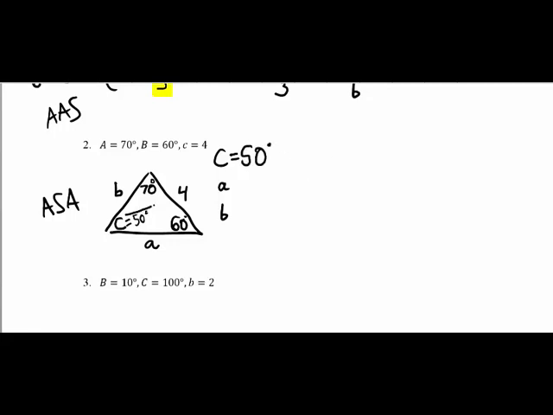We will take this relationship between the 50 degrees and the 4, and that will set up our key law of sines equation.